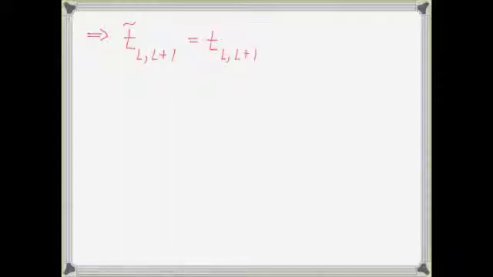This T would just be the off diagonal elements coming out of the Hamiltonian matrix H, minus E times S_{L+1}. These extra ones come from the overlap matrix times the energy. And so you basically have these energy dependent matrix elements now.